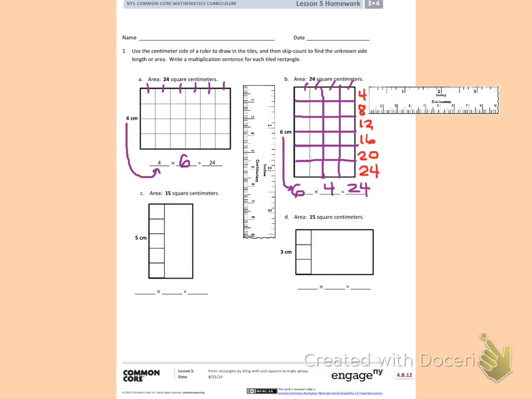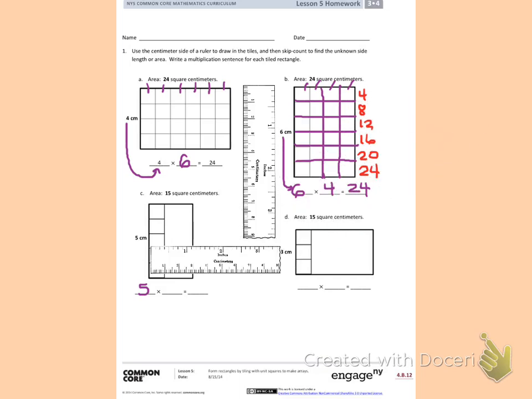You can see that the area is shown for us, and that's 15 square centimeters. One of the factors is already shown, and that's 5 centimeters. So why don't we just go ahead and write the 5 right now? All right, now we need to go ahead and take our centimeter ruler and get ready to draw those hash marks in.